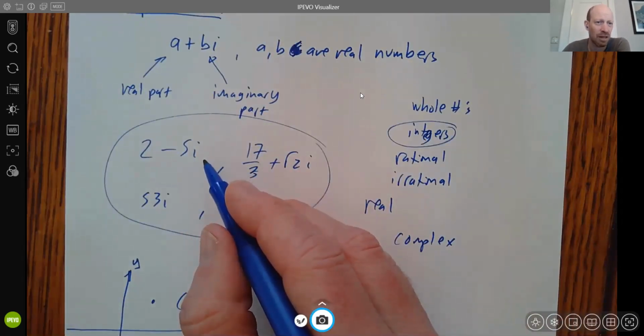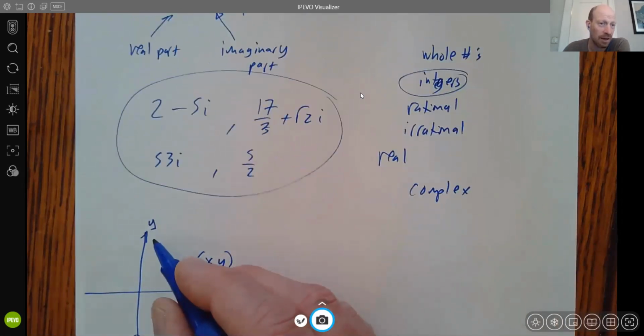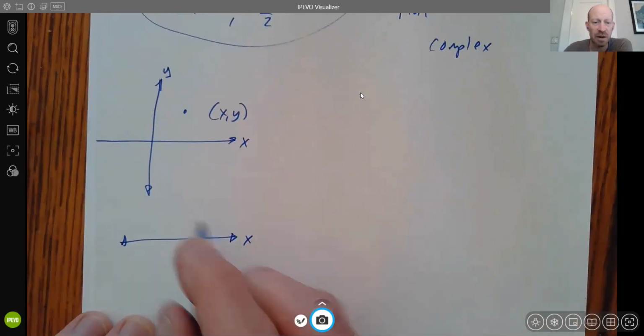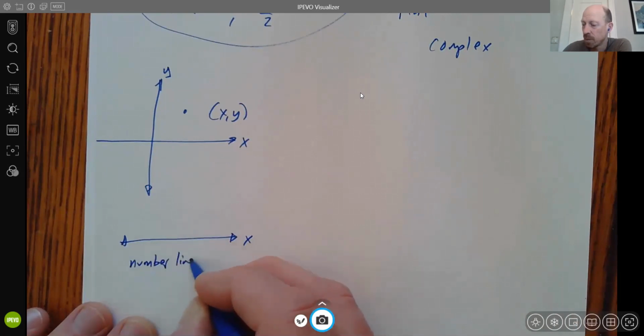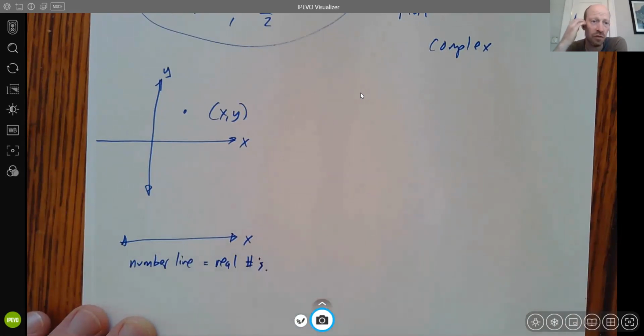That's a number, and it is not present on here because X and Y are the real numbers, right? Even if you break it down more simply and just look at the number line, the number line equals real numbers. There's no spot there for imaginary numbers. So for our purposes, an imaginary number doesn't show up when we're looking at our typical graphs. Okay, so that's the short answer.